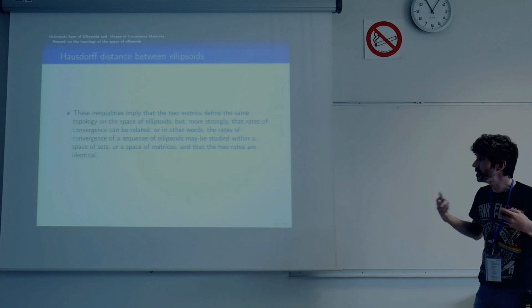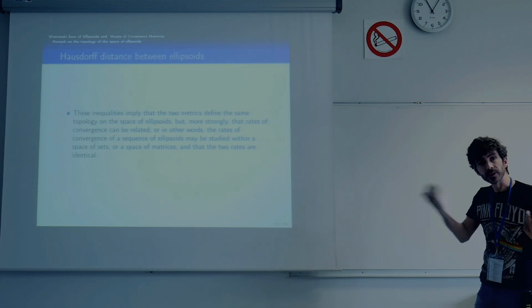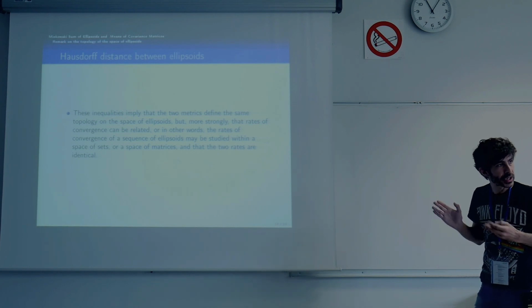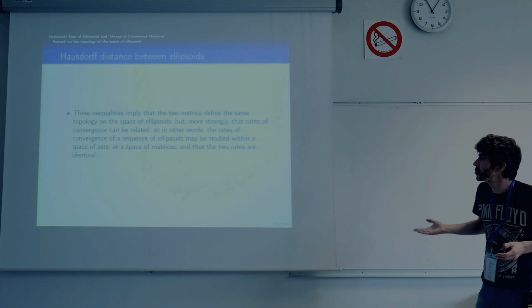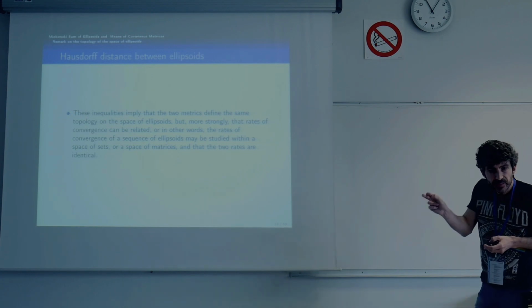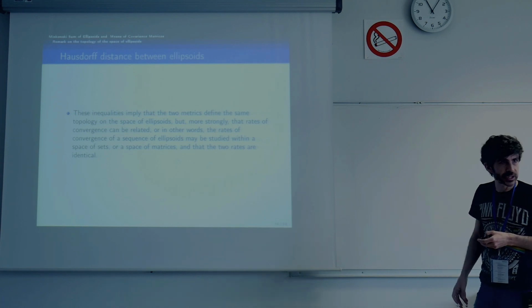So basically, you can deal in many situations with one or the other of the spaces, and you will obtain, from a topological viewpoint, similar results. It's not surprising, it's well known, but in the very specific case of the distances, we already have this result.